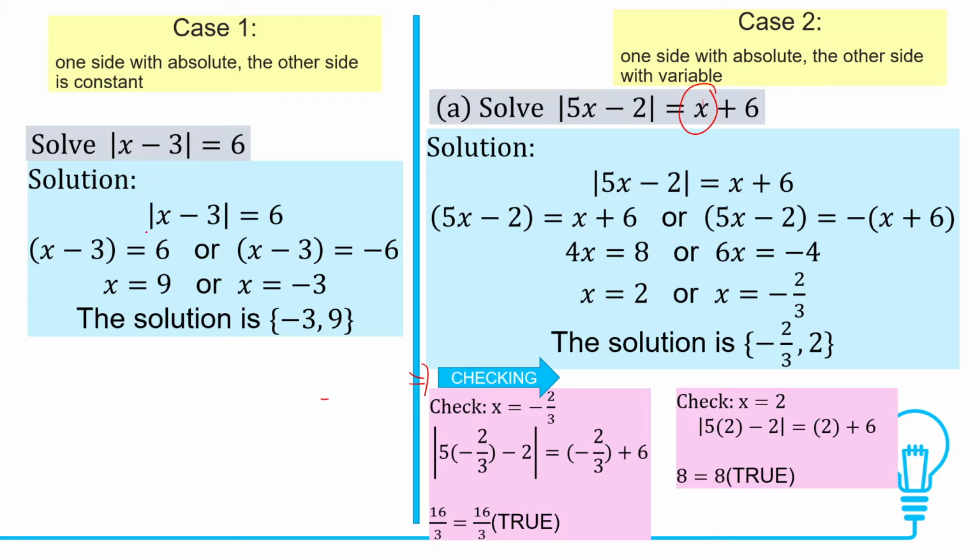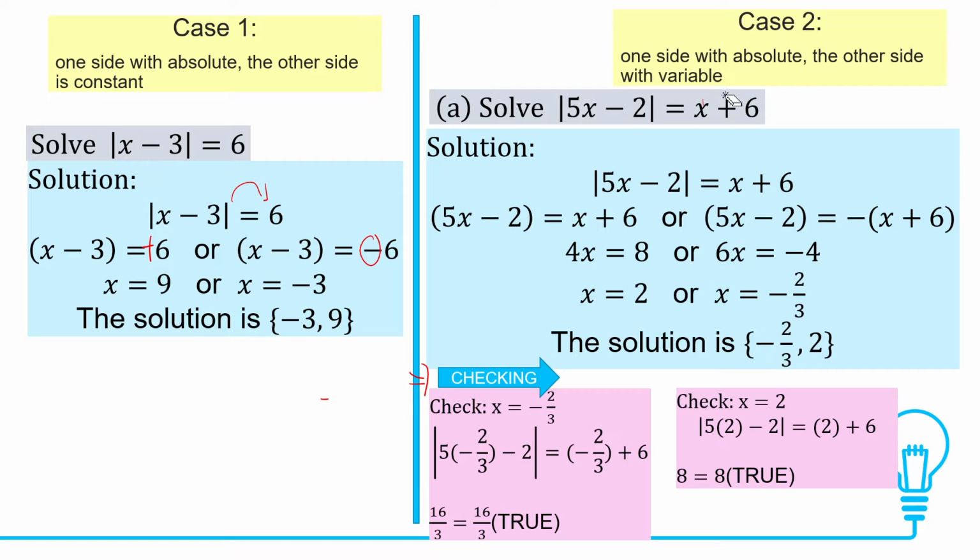So if I want to break the absolute, what I do is the other side will get positive and negative. So x minus 3 equals 6, and I shift it, x equals 9. And for this one, I shift it, I get negative 3. Since I only have two answers, I have negative 3 and 9, so I put it into a curly bracket.